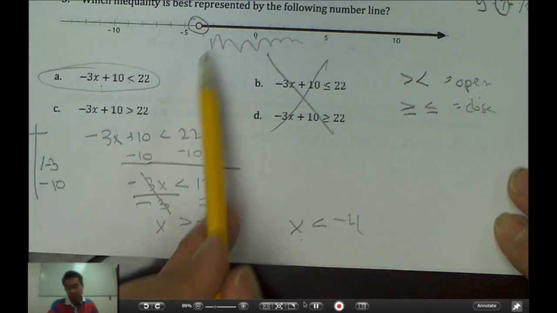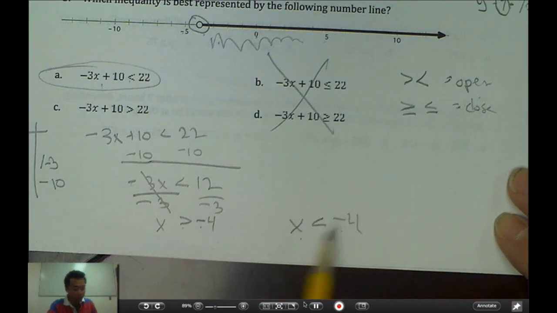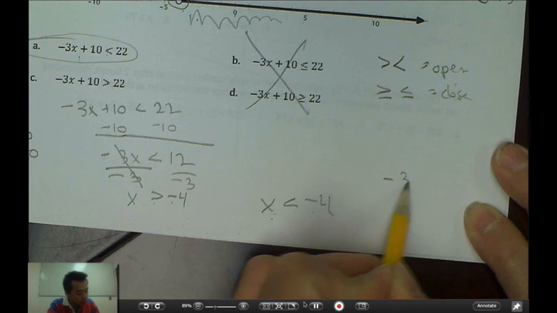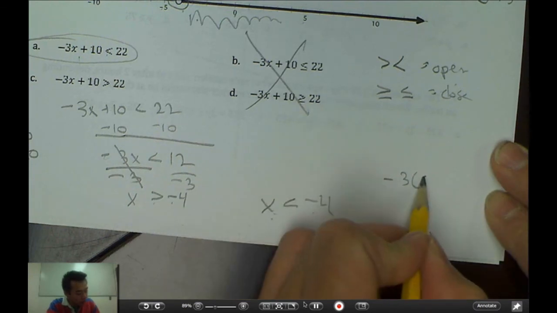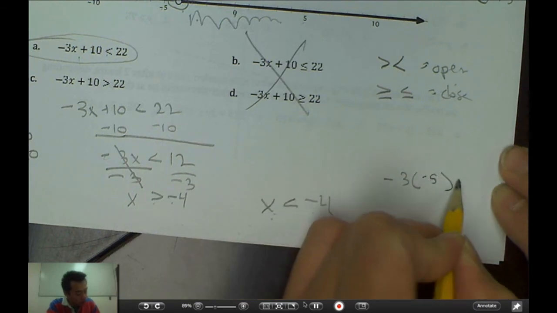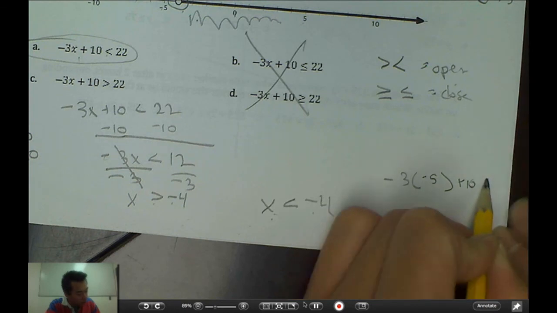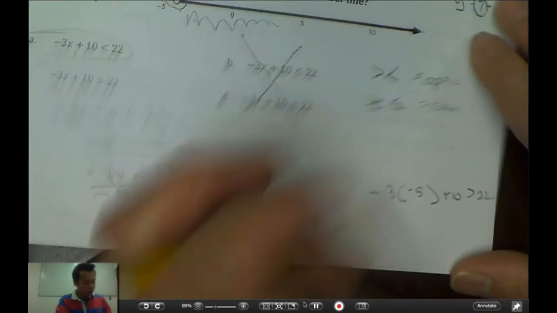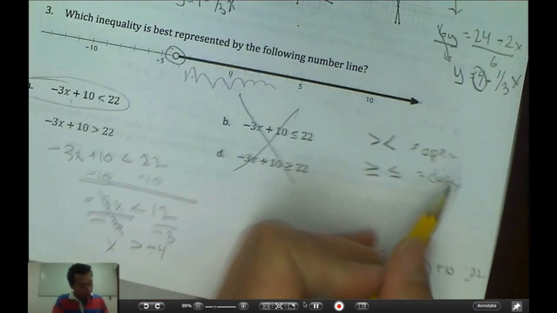But if you forgot about the number line, just do negative 5. Negative 5 is definitely less than negative 4. I'm going to put negative 5 back into the problem that was given to me. Plus 10 is, what was it? Greater than 22. I'm testing B. Okay, I'm testing C. Now we can test A. Let's see if it works.